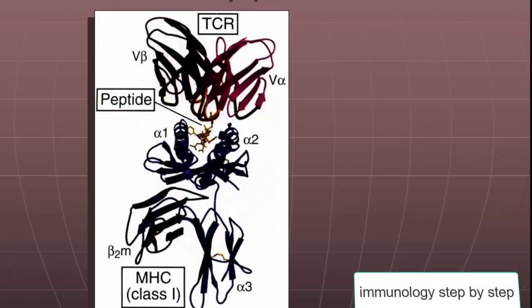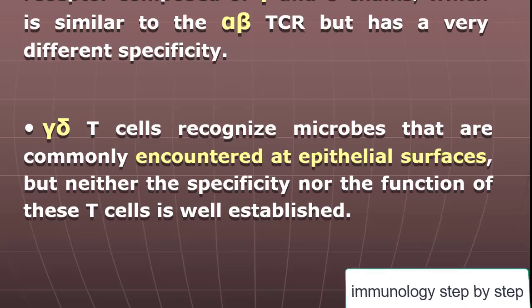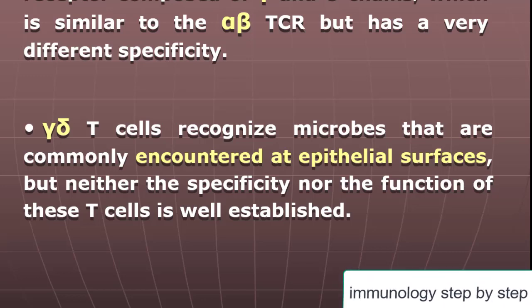Both the alpha chain and the beta chain of the T cell receptor participate in specific recognition of the major histocompatibility molecule and bound peptide. About 10% of the T cells in the body express a receptor composed of gamma and delta chains, which is similar to the alpha beta T cell receptor but has a very different specificity.